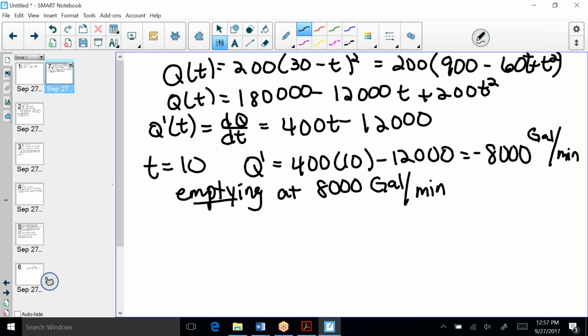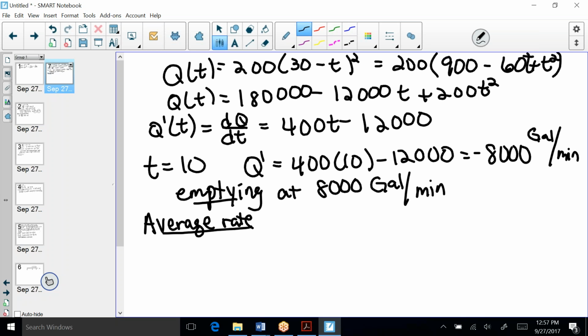And then the second part asks us to find the average rate at which the water flows out during the first 10 minutes. So average rate, when we find an average rate, we're thinking about a concept similar to a slope where we're finding our change of y over our change of x.